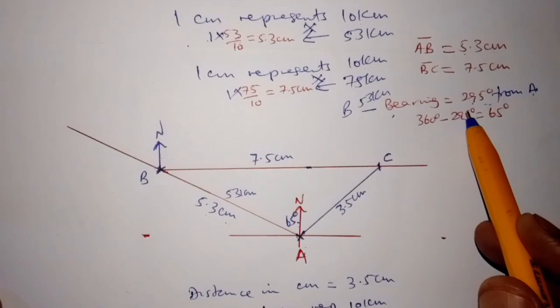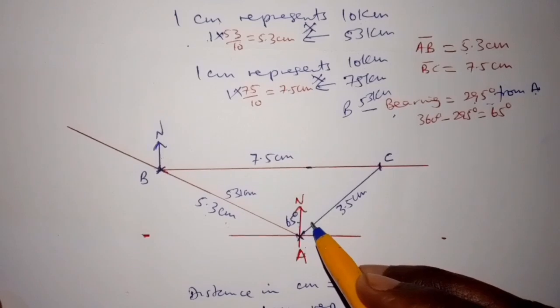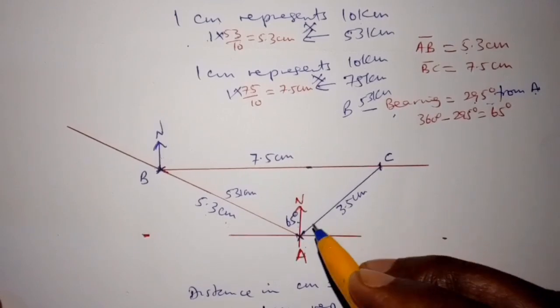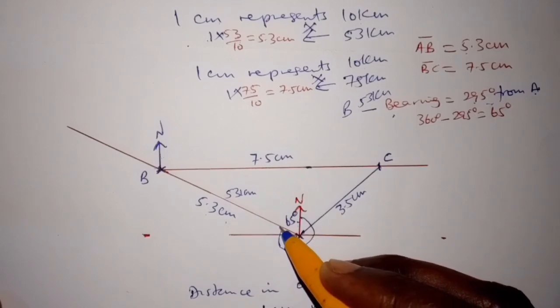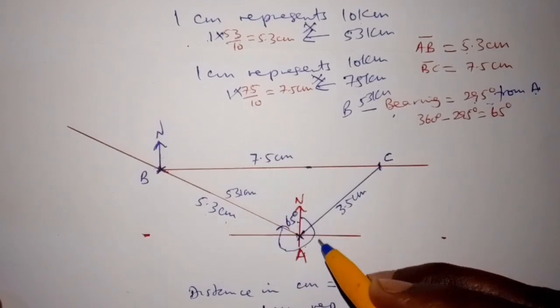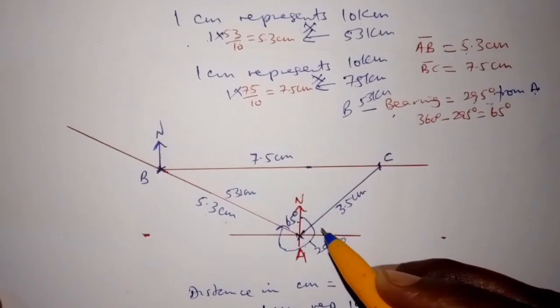295 degrees. When we talk about the bearing, it means that we go in the clockwise direction. So we go from here to here, up to here. This is giving us 295 degrees.